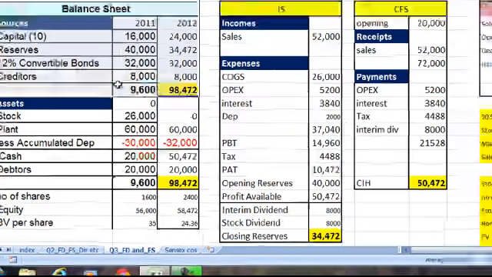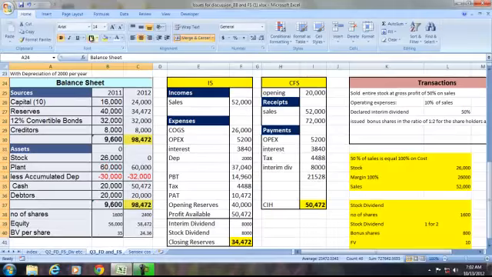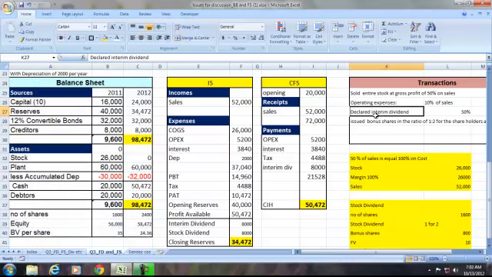Every business decision that we see or take up will have an effect on the financial statements. The focus of this exercise was to understand how dividend, both cash dividend and stock dividend, affects the book value per share. Thank you very much.